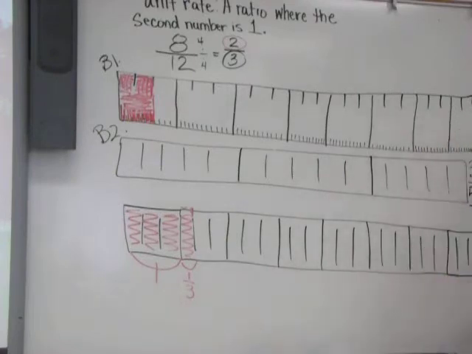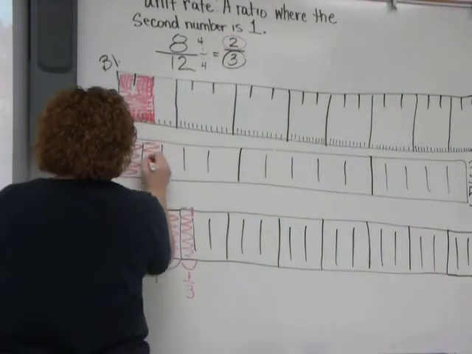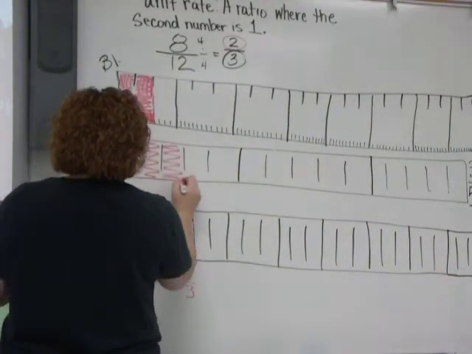Each one of these people gets 3 of those fifths. 1, 2, 3.